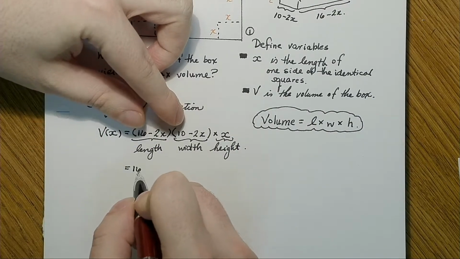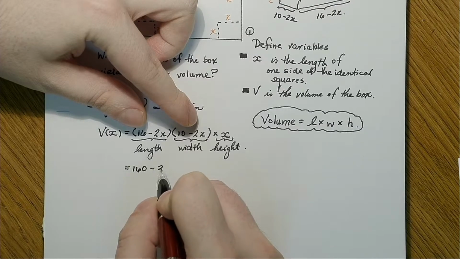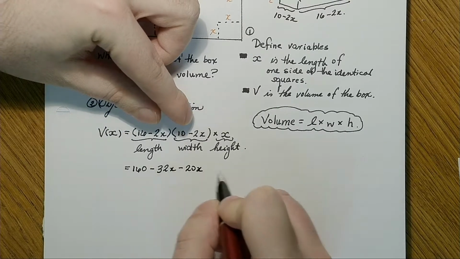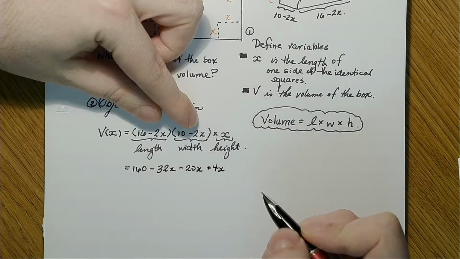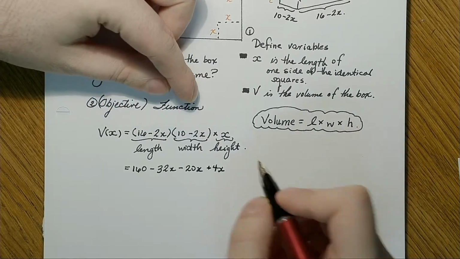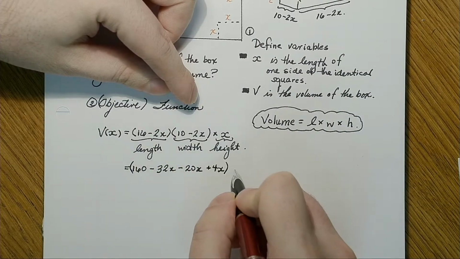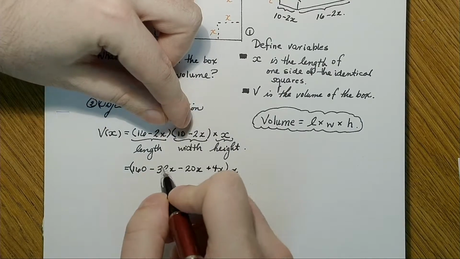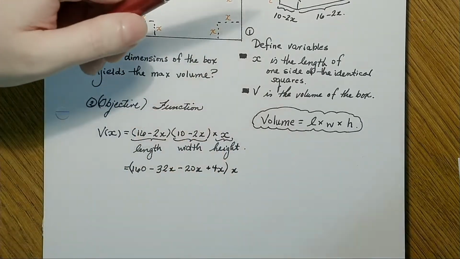So I got 160 minus 32x minus 20x plus 4x. And Mr. MAE, please keep an eye on my signs, please. And that's the end of that. Hopefully I did everything correctly. I foiled this out, it's that distributive thing that I'm doing right here.